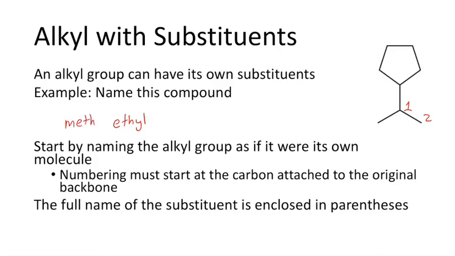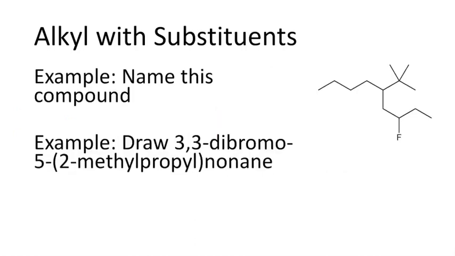So it's actually 1-methyl ethyl. And then the entire name is enclosed in parentheses. And then that is the full name of the substituent. So that substituent is in position 1. Again, you don't have to add this index, but I'm going to add it for clarity. So 1-(1-methylethyl)cyclopentane.